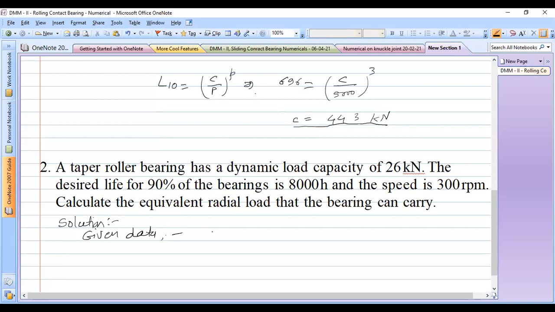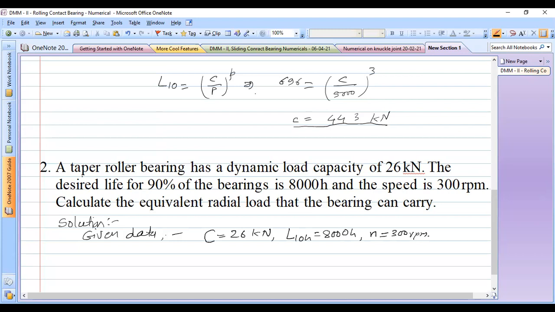It is given a taper roller ball bearing has a dynamic load carrying capacity, capital C value is given 26 kilonewton. Next, the bearing life is given, L10H, 8,000 hours. Then speed is given, small n equals 300 rpm.